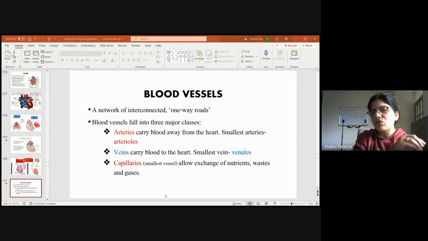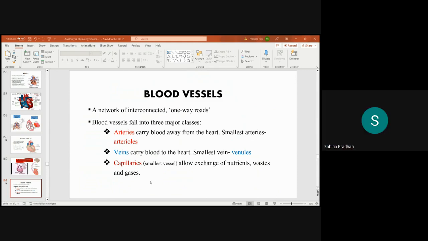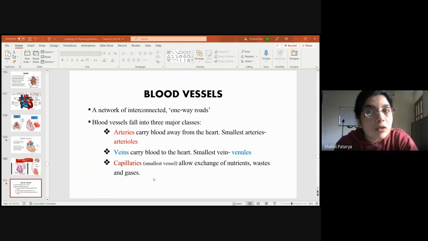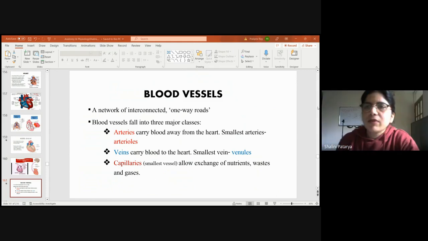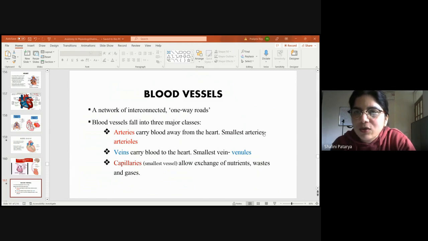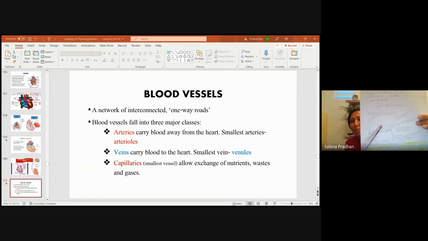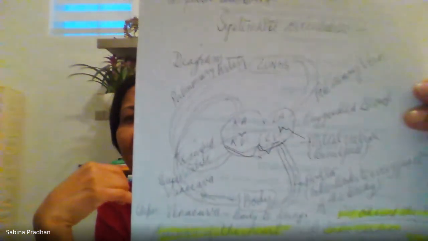Near to that, just draw one more dot and mention that this is the atrioventricular node.